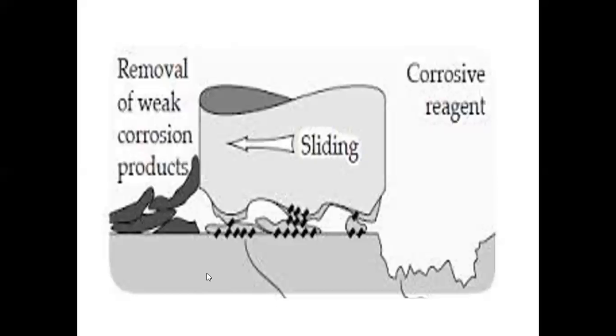Just like this illustration, this is the removal of a weak corrosion product as there is a sliding motion in this image. The anti-corrosion protective layer has been removed and there will be no more protection in our system. Thus, corrosion will damage all throughout the machinery.